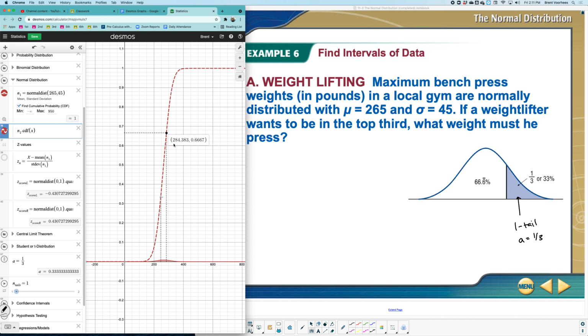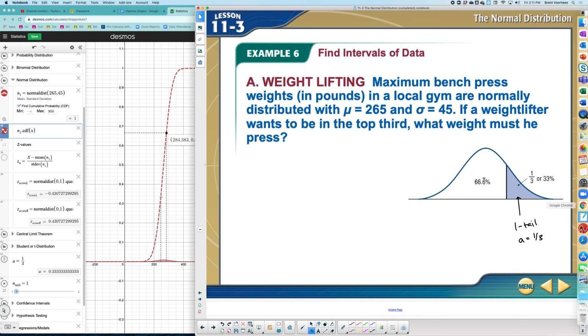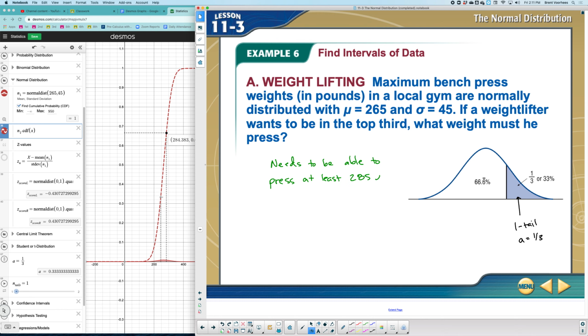So he must be able to press at least, and since there's a decimal, I'm going to raise it up a pound, 285 pounds.